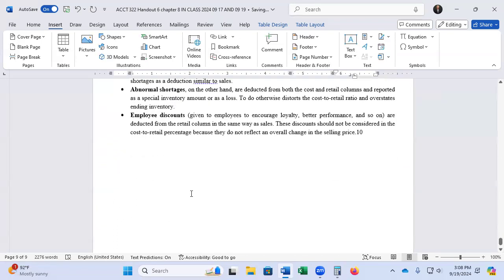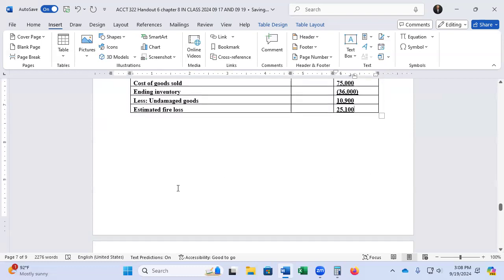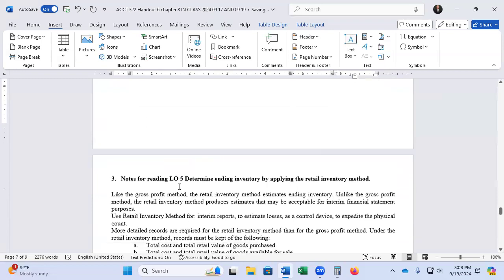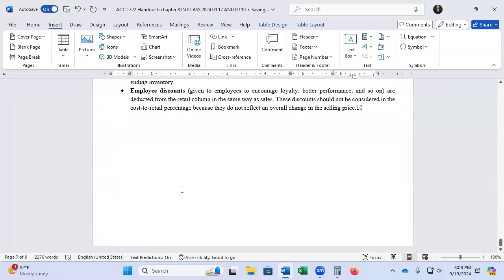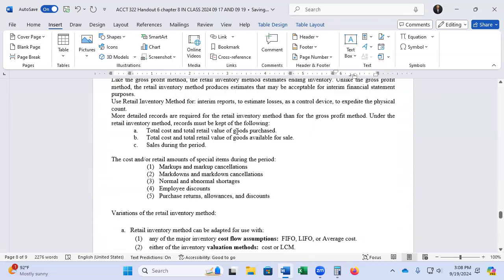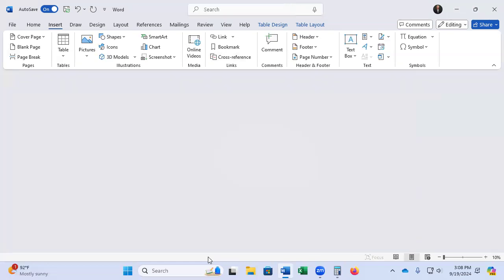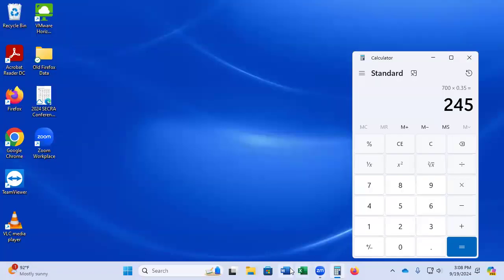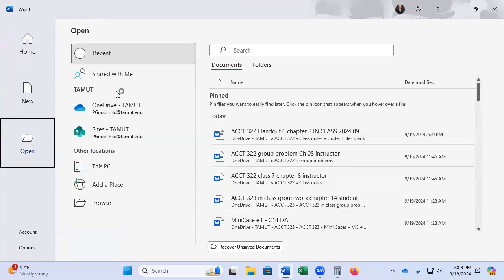And so as long as you have these concepts understood, then you'll be able to answer the questions on the test. Okay? And again, it's an open book, so you'll be able to find what you're looking for. Any questions on this one? Okay. Let's jump to our next set of notes, handout number 7.